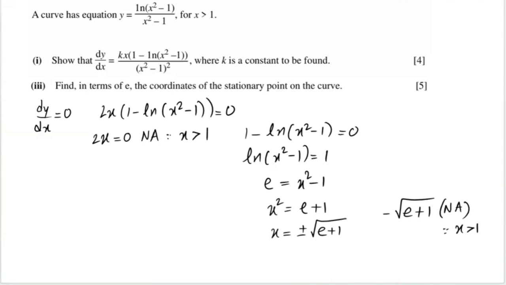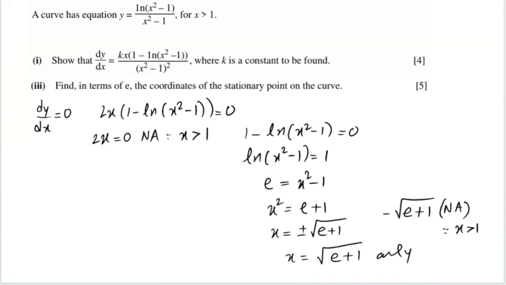Sometimes you see in the mark schemes that the rejection isn't mentioned, but I want my students, my followers, to do a better mathematical expression. Always give a reason why you are rejecting a specific solution. So, okay, x is going to be root of e plus 1, and you can say only that, right?